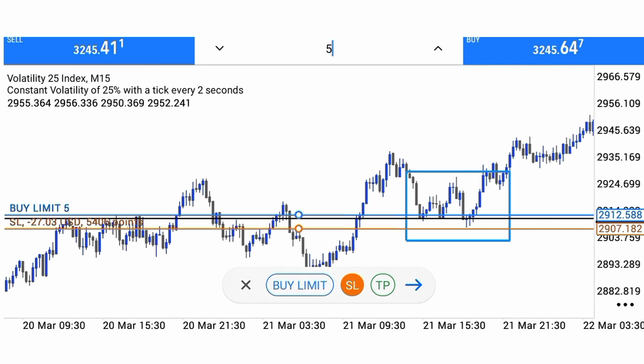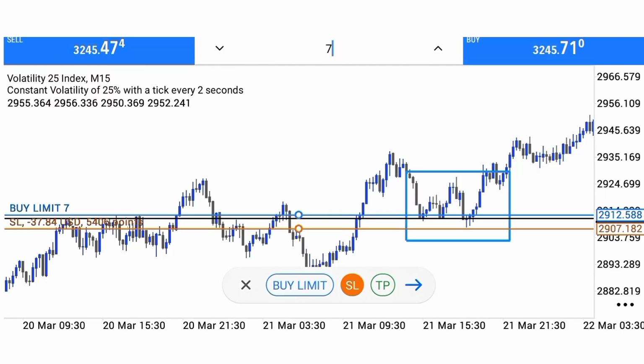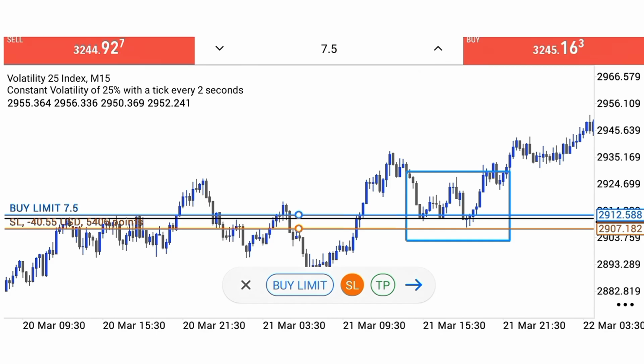For example, let's say 5. If 5 does not work for me, I'll say 8. Now 8 is too much for me. Let's go with 7 and see. If I use 7, I have 37.84 as my risk, which is not too bad. But let's try 7.5. Now we have 40.55 as my risk.